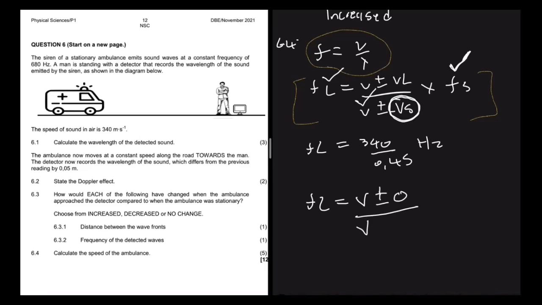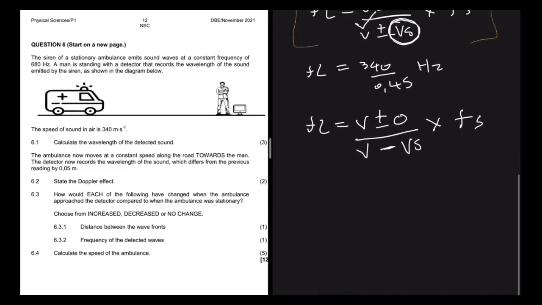When the source is moving towards, we get a minus in the denominator. So we're going to get minus the velocity of the source multiplied by the frequency emitted by the source. If you don't know how this formula comes about and why I'm choosing minus on the denominator, then watch my introductory video that I'm gonna link on the top left corner.